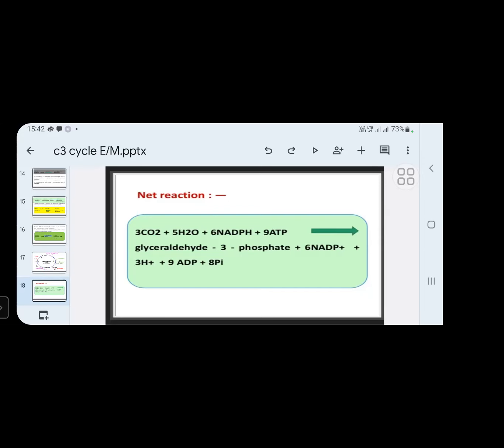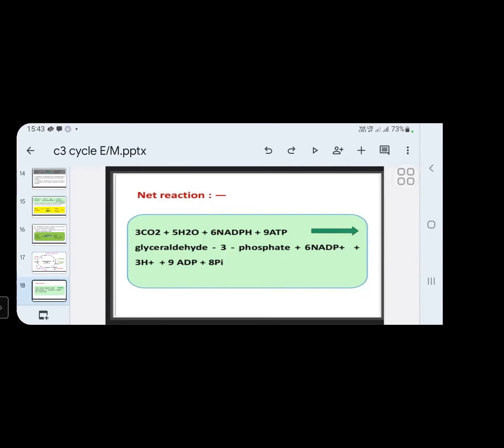Otherwise, if we take 6 carbons, that is glucose, C6H12O6, instead of glyceraldehyde 3-phosphate we put C6H12O6. Then 6 CO2, 10 H2O, 12 NADPH, and 18 ATP are all utilized in this net reaction.